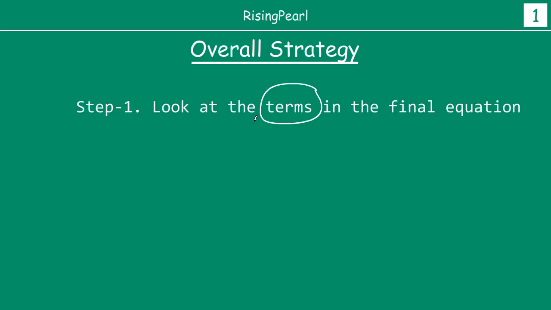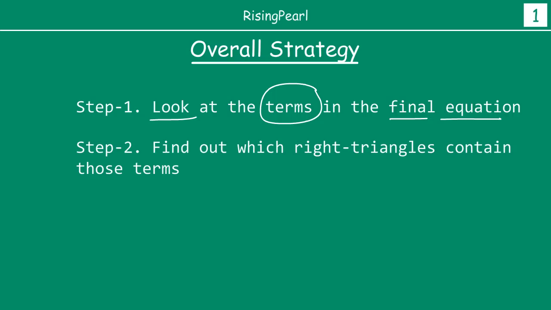So first we are going to be on a lookout for what are the terms in the final equation that we need to prove. Second, we will find out which right angled triangles contain those terms. So whatever the terms that we actually need in the final equation, which right triangles contain those terms.